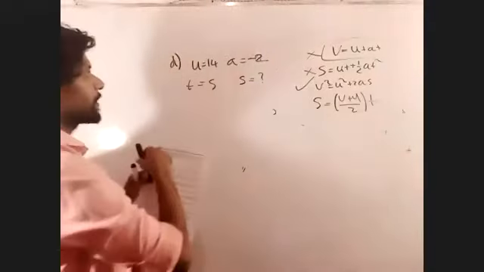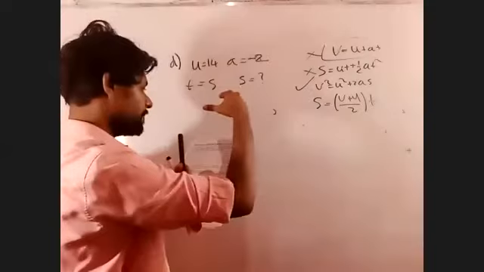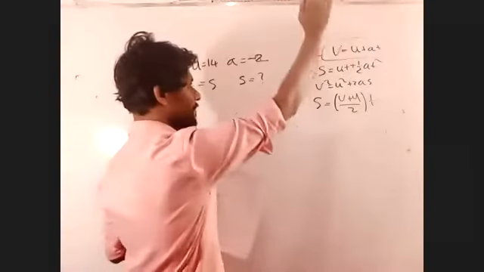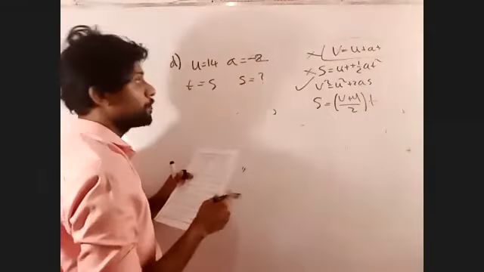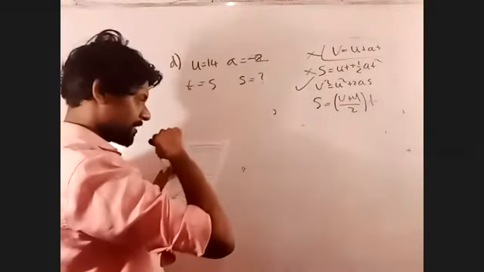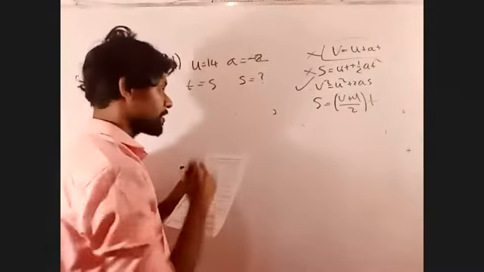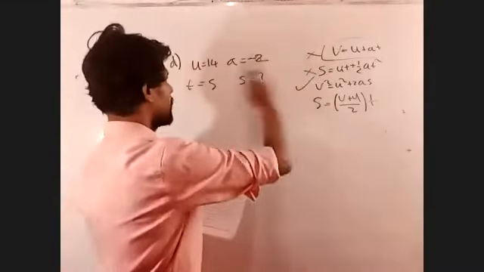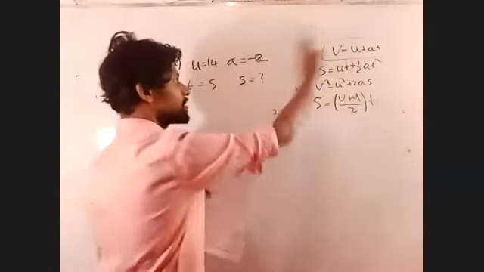See, the first one can't, right? No, s is eliminated. The second one can't either. Second one can, because s is there, u is there, t is there, and a is also there.